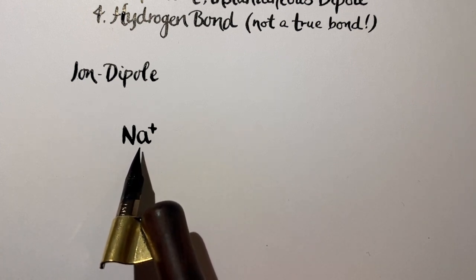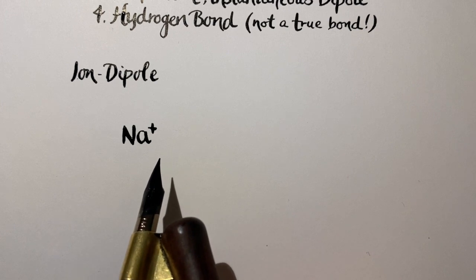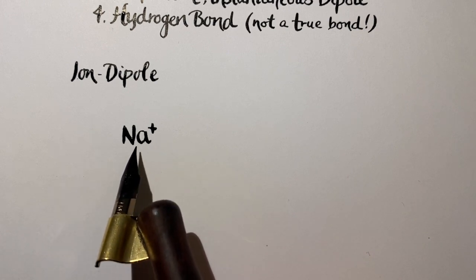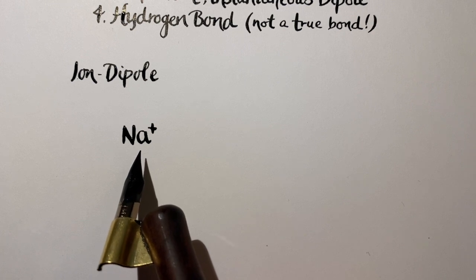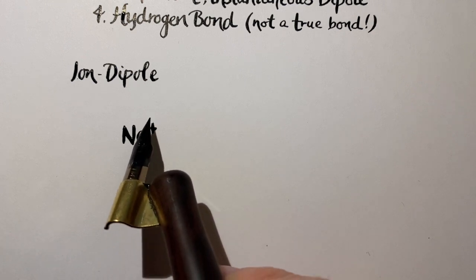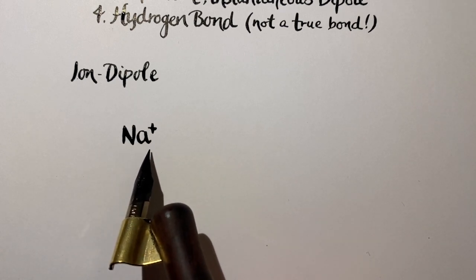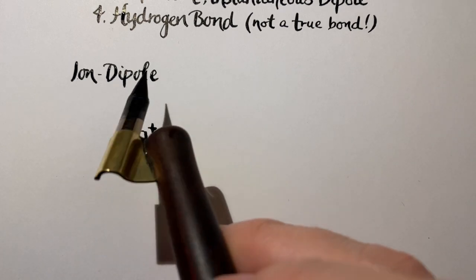That's sodium and chloride ions together. Sodium, because it has lost an electron, and electrons are negatively charged, that means that what remains is the positive charge, the sodium.